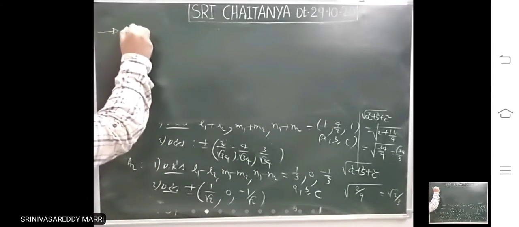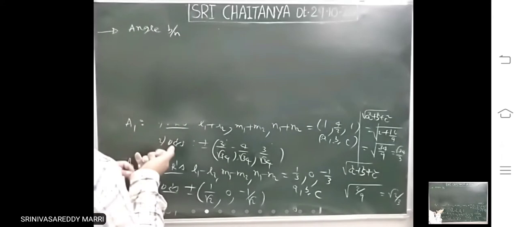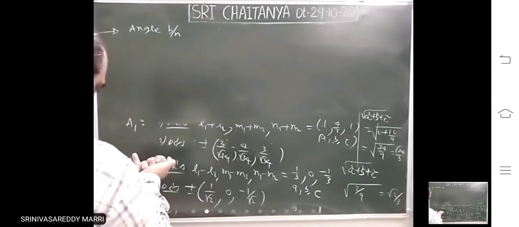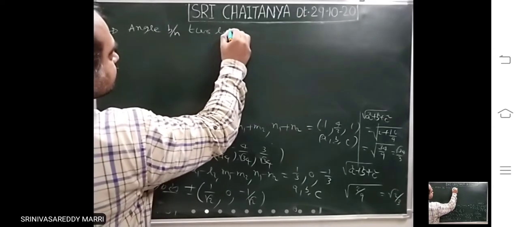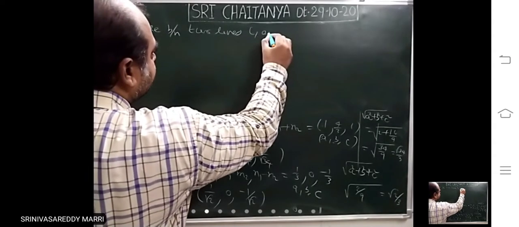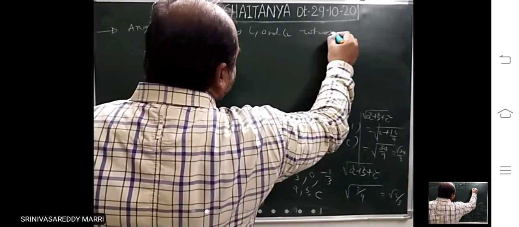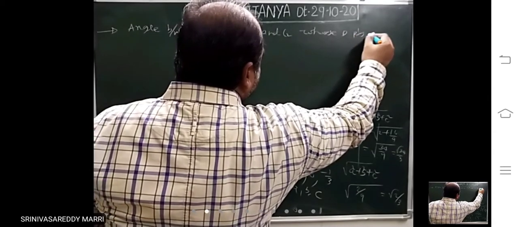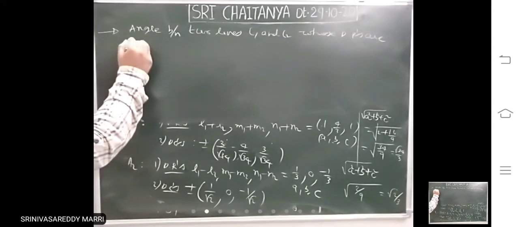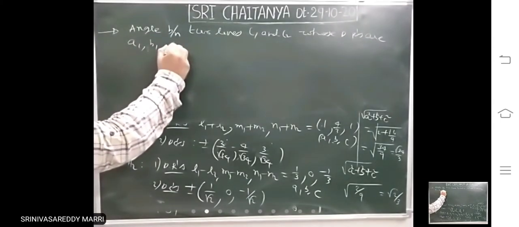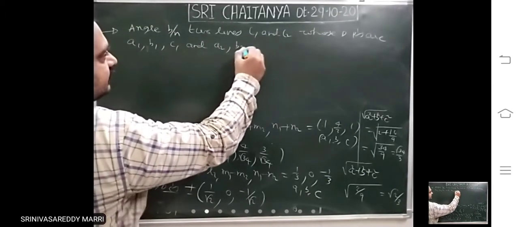Look at the angle between, very important. The angle between two lines L1 and L2 whose DRs are A1, B1, C1 and A2, B2, C2.